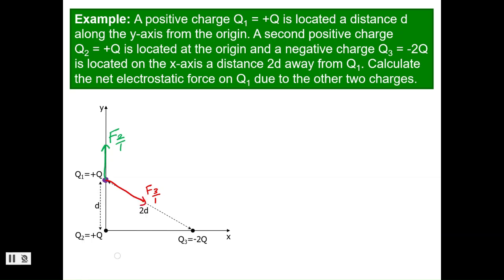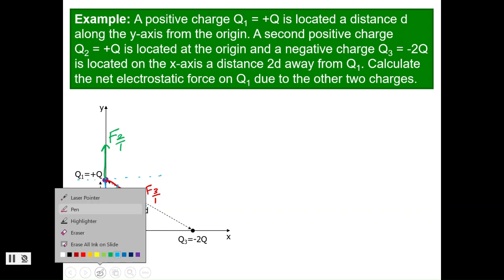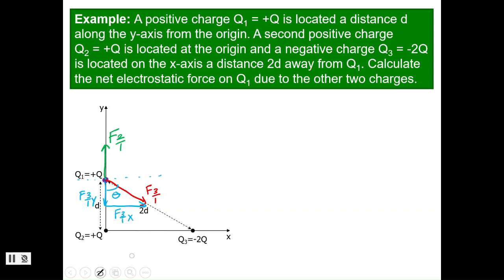So once again, we have to draw on our coordinate axes. So I can see that F3 on 1 is at an angle, so I'm going to need to create a triangle. I'm going to use a similar triangle to the one that's drawn. So I'm going to have F3 on 1x, and I'm going to have an F3 on 1y. Fortunately, F2 on 1 is only in 1 dimension, so that'll simplify our math down a little bit.